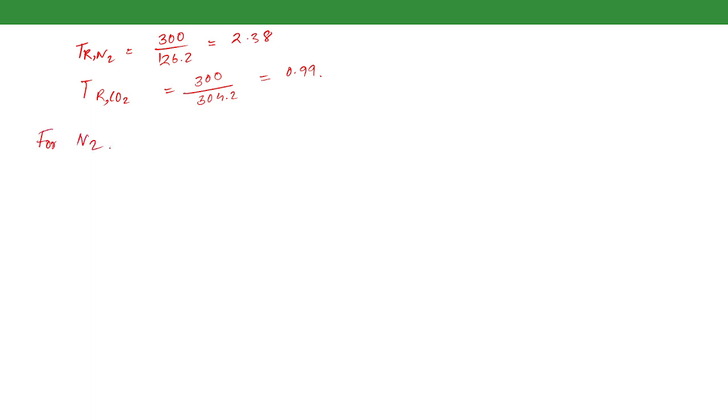So for nitrogen, corresponding to T_R equals 2.38 and the pseudo reduced volume value of 2.15, we can determine from the generalized compressibility chart the compressibility factor for nitrogen to be 0.99.